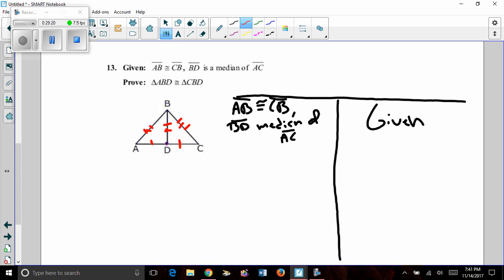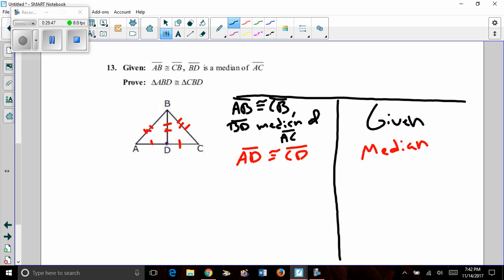So the parts I need are that AD is congruent to CD, and I need you to research what this reason is. I'm right now just going to write median, but you need to figure out what that statement is. It could be definition of a median. It could be a theorem. Go back and check your vocab.